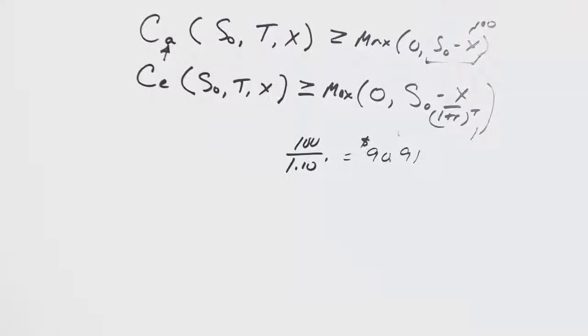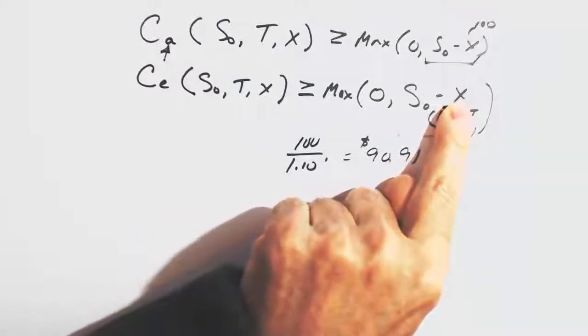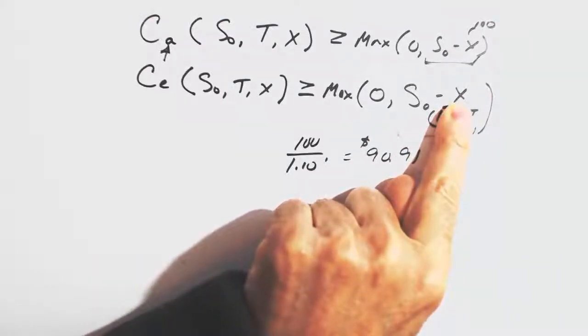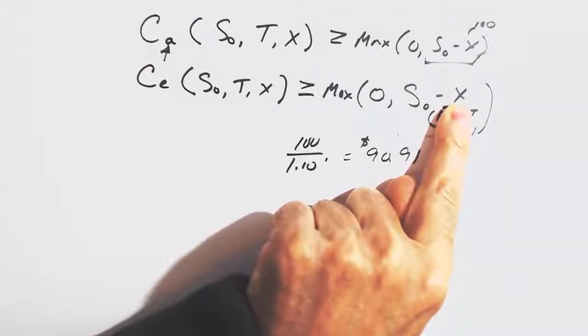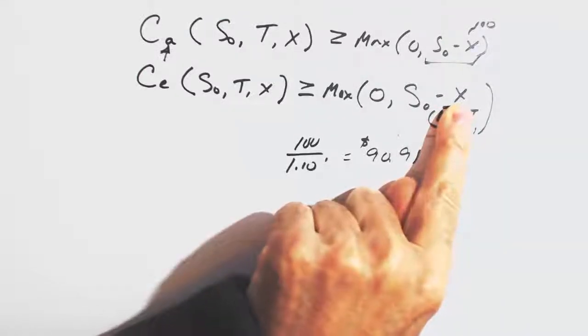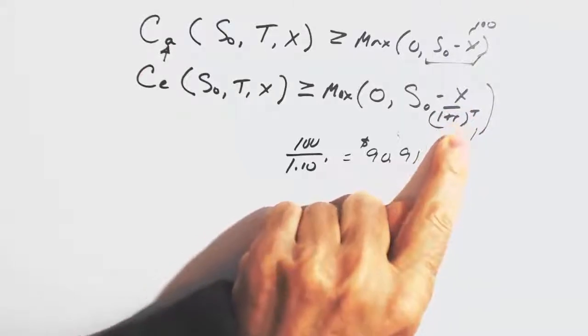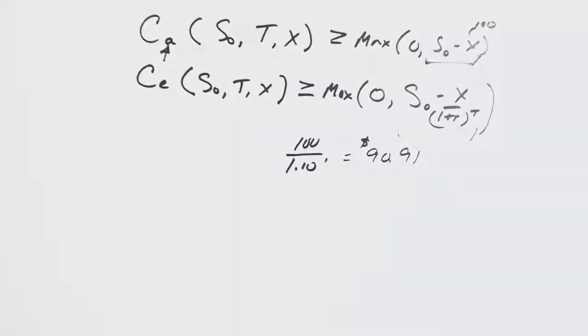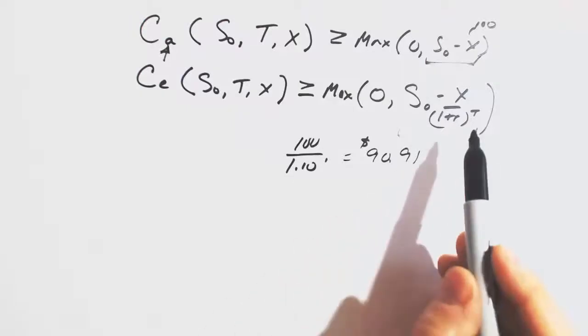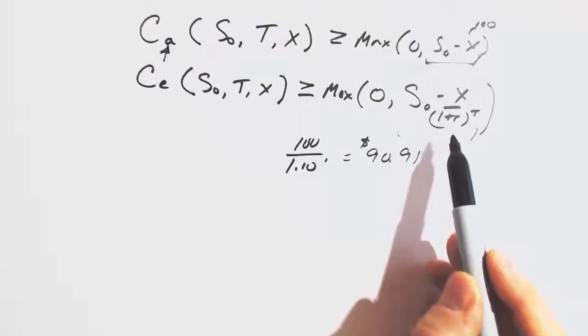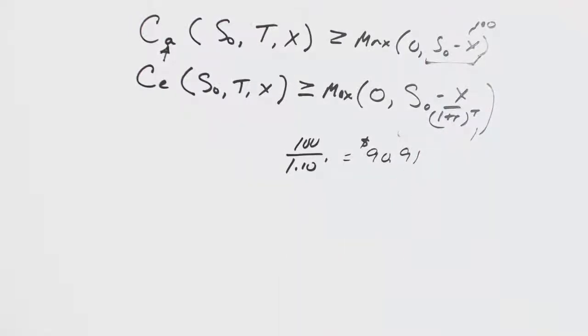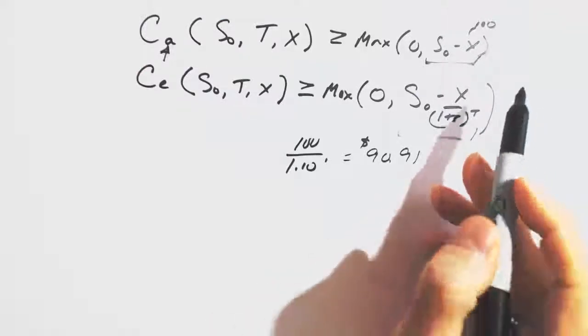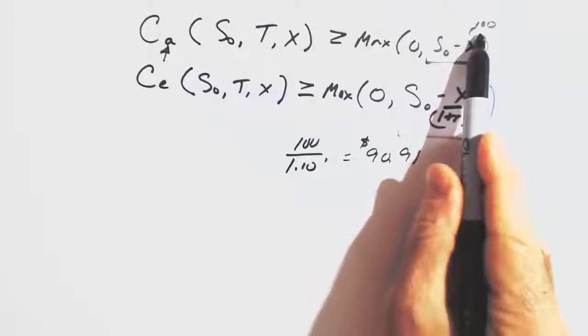Well, with the European option, recall, you can only exercise it at expiration. So you're not going to be able to pay X right now. You're going to defer the payment if you wanted to exercise this option. So you need to take that time value of money into consideration. And we're using the risk-free rate r here, or the repo rate. Remember, we said basically they're interchangeable for our purposes. With an American option, you can exercise it immediately and pay the $100.